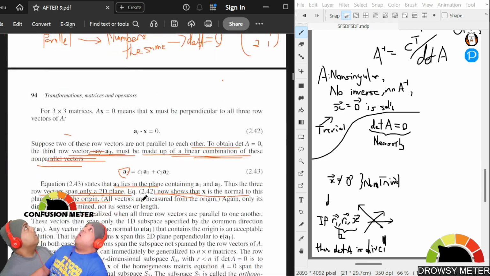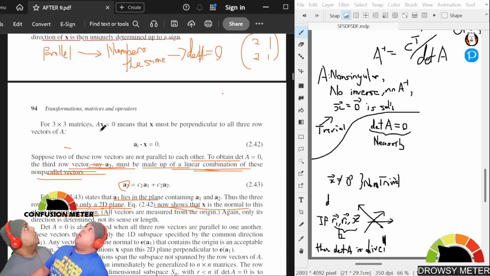Okay. But your matrix AX equals 0 means that X must be perpendicular to these rows. Suppose two of these are non-parallel.